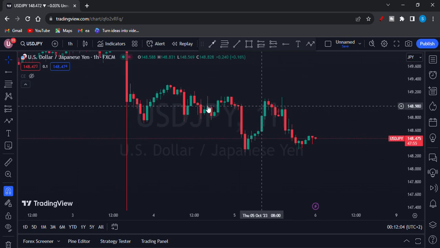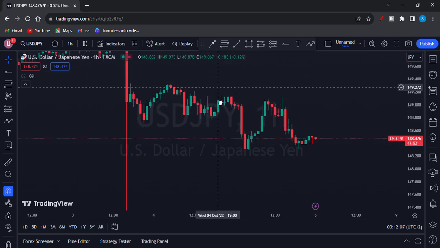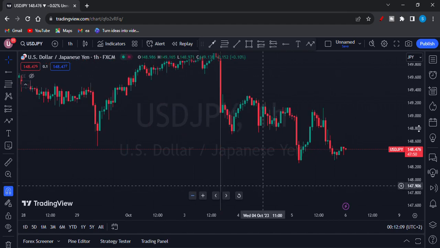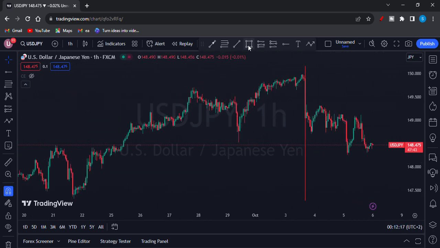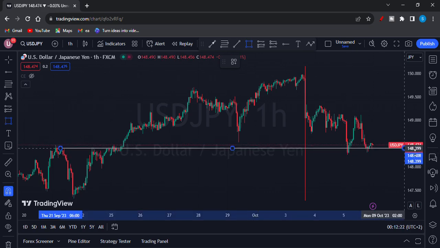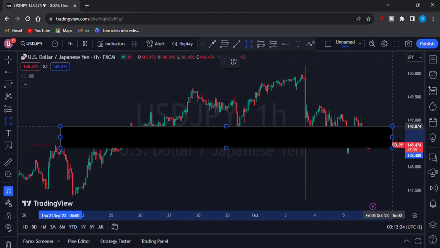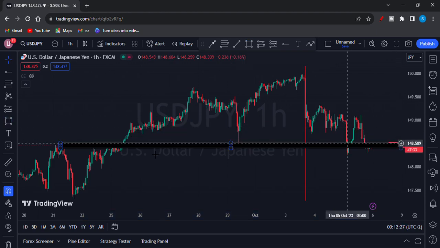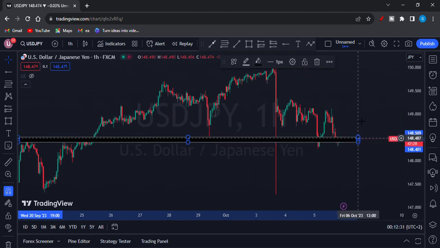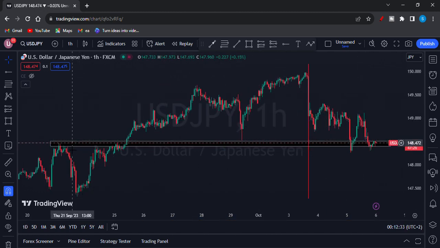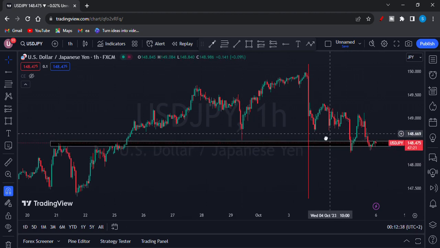So same applies with hourly. On hourly, I do not see anything. The structure is not clear for me. And then last time I had something like this. Was it something like, let me just drag this here, because I saw this zone right here, and then even here, and we had this push to the downside.